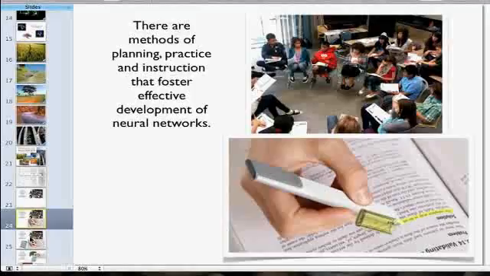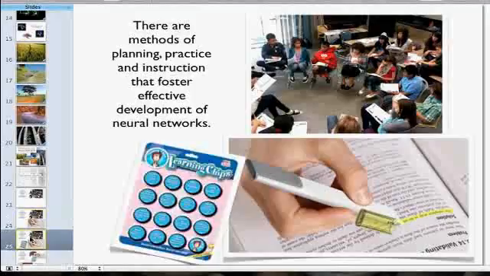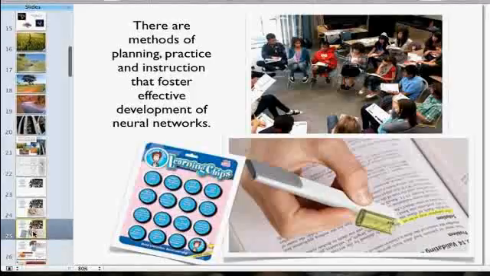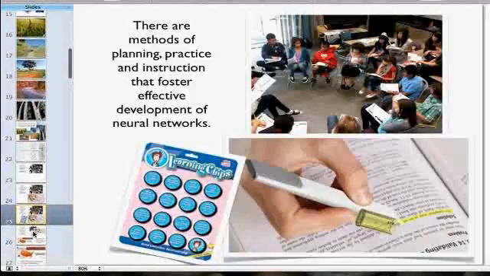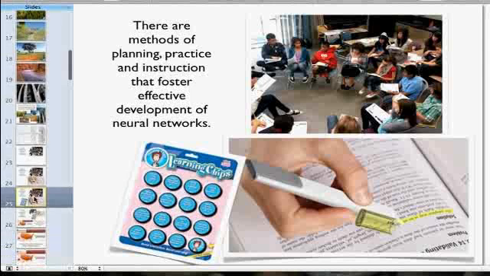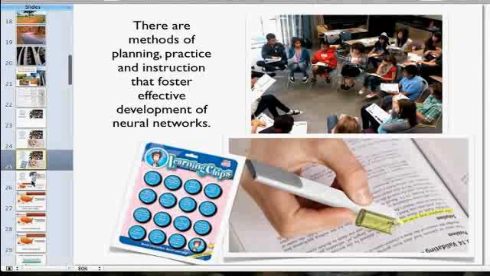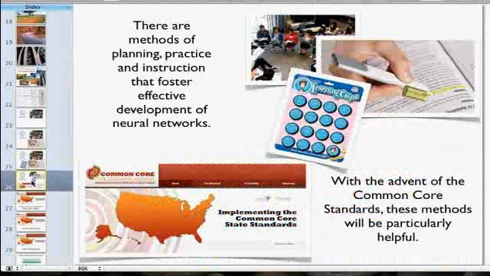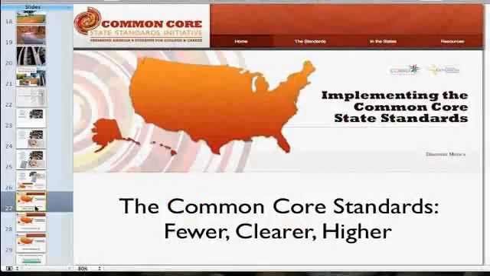And these methods help to mediate learning in a very active way. And so with the advent of these Common Core standards, these different methods are going to be particularly helpful for kids and teachers. So let's talk a little bit, a moment, about the Common Core standards.